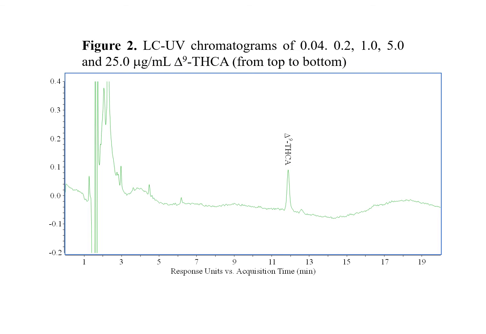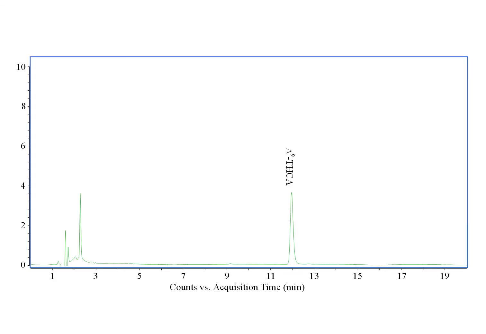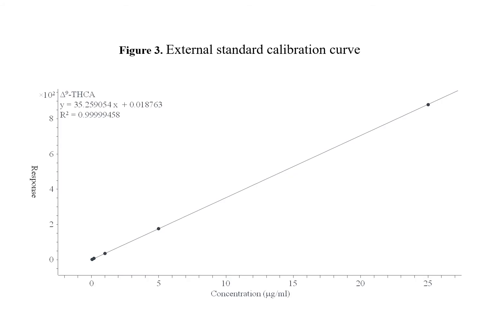This figure is an LC-UV chromatogram of the 0.04 micrograms per milliliter of delta-9 THC concentration. As you can see, there's the peak for delta-9. And as we move through the chromatograms, it's just going to increase in concentration. So this is 0.04, 0.2, 1, 5, and then 25. This is the external calibration, standard calibration curve obtained from the UV chromatograms that I just showed you.